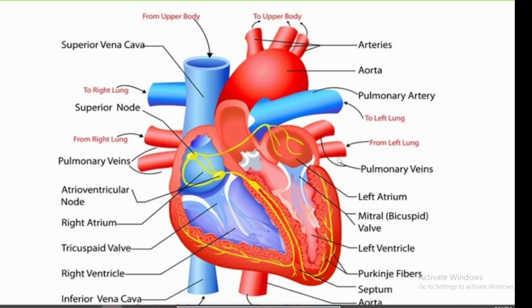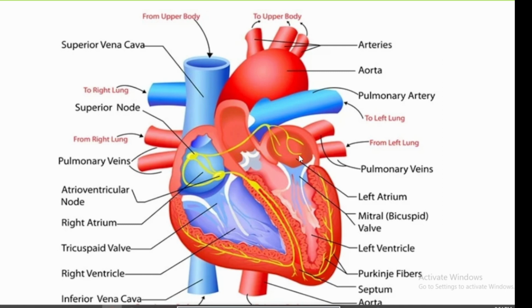So when you see a red vessel, it is oxygenated blood. When you see a blue vessel, it means deoxygenated blood. So oxygenated blood from the left lung enters the left atrium through the left pulmonary veins. Likewise, oxygenated blood from the right lung enters the left atrium through the right pulmonary veins. Are we there? So oxygenated blood from the lungs enters the left atrium through the pulmonary veins.